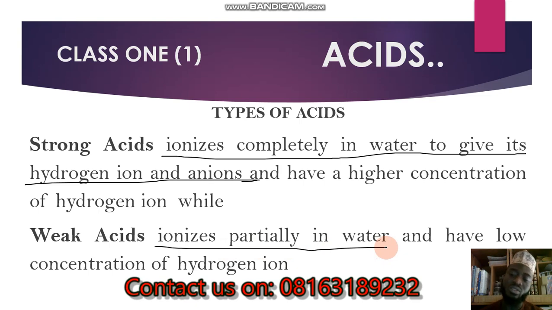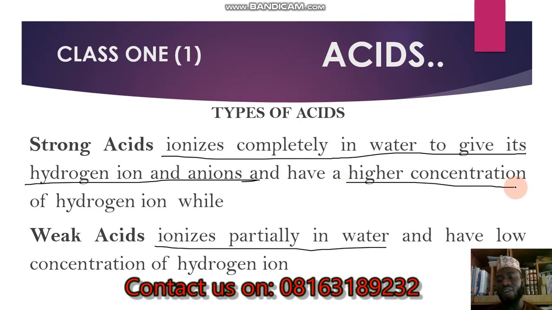Remember we said an acid ionizes in water to give hydrogen ion, or hydronium ion, or proton. So strong acids normally have a high concentration of hydrogen ion.